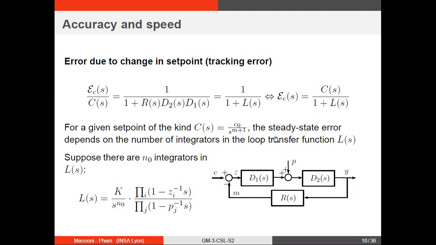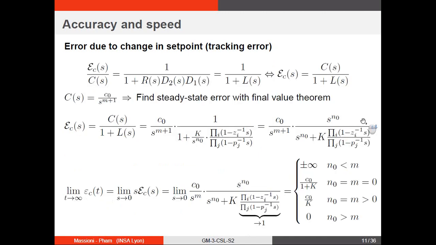Okay, so let's see what happens. Basically you can expand this function here and write it like this. So how do we compute the final value of the error? Well, we apply the final value theorem. So this is epsilon c, the Laplace transform of the error due to c. We replace c with the general expression that we've seen before.